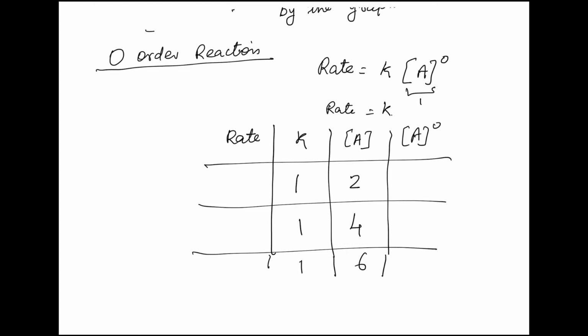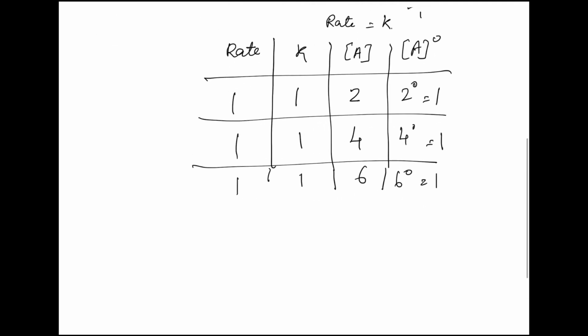Then A raised to the power 0 will be 2 raised to the power 0, 1, 4 raised to the power 0, 1, and 6 raised to the power 0, 1. And the rate is K into this 1, 1 into 1, 1, 1, 1.